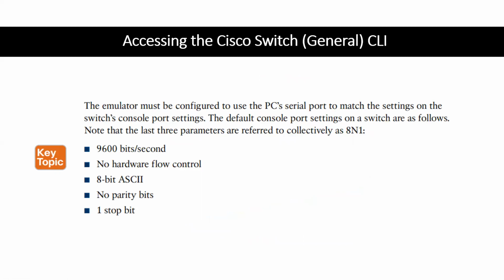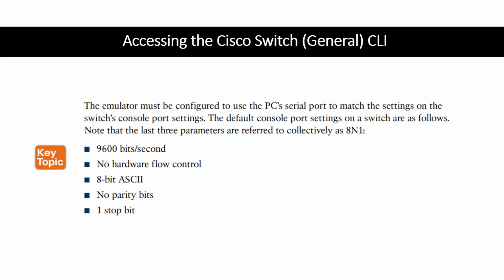Right here are very important pieces, especially when you're trying to access the console. I'll add a quick little excerpt, but I want you to just know this for the exam. Where it says key topic, these are the basic settings you want to have when using a console cable, or as Cisco calls it, a PC serial port.